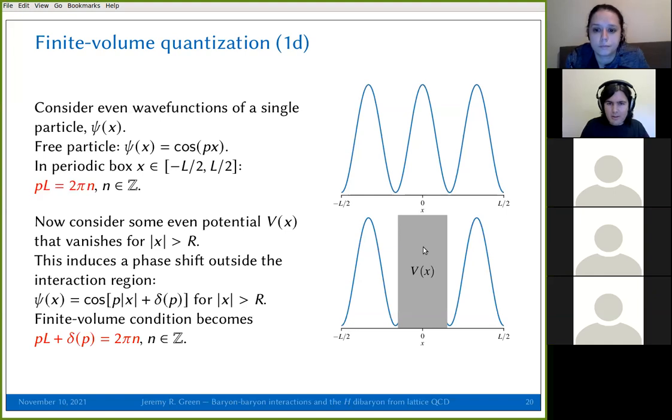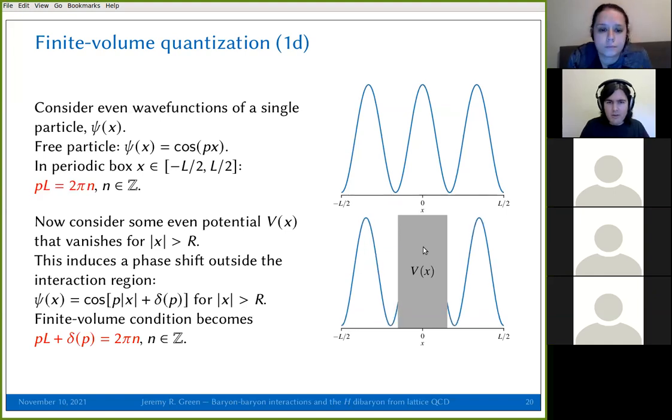So now, as I increase the phase shift, you see what's happening is this is getting squeezed, because you still have to meet the periodic boundary condition, but you have a phase shift. In this case, this is increasing the energy of the state that can fit in the box.